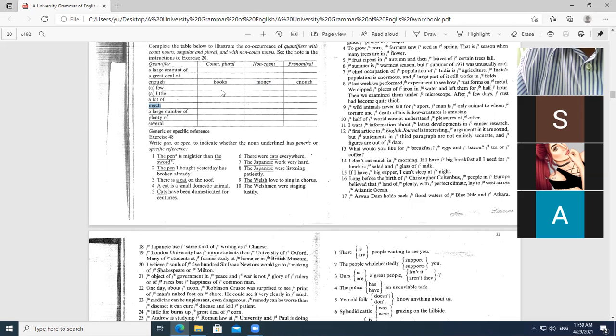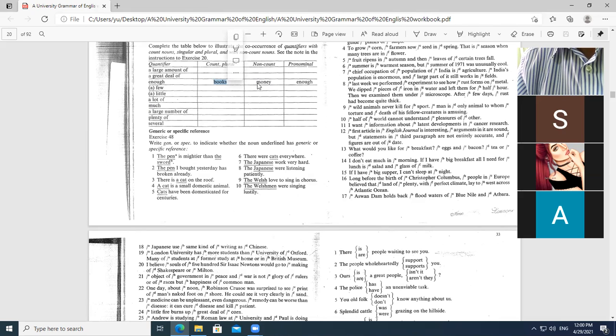A large number of books. Can we say that? Yes. But can we say a large number of money? No. Even a large number is used with what? With countable, but not with uncountable. But plenty of books, can we say? Yes. Can we say plenty of money?